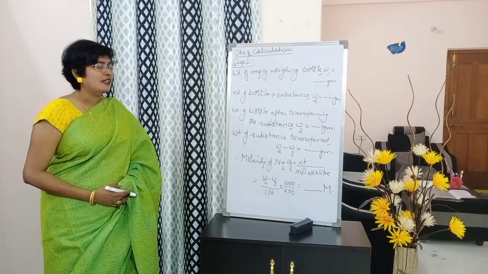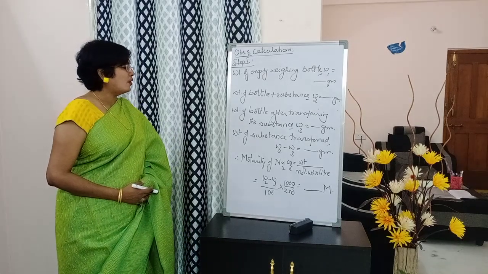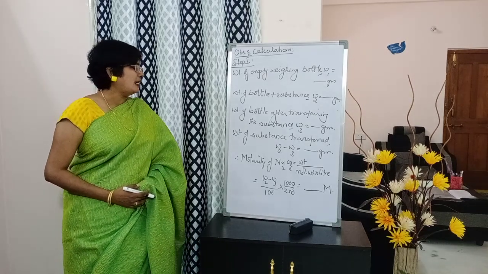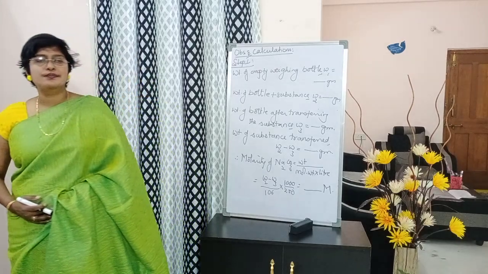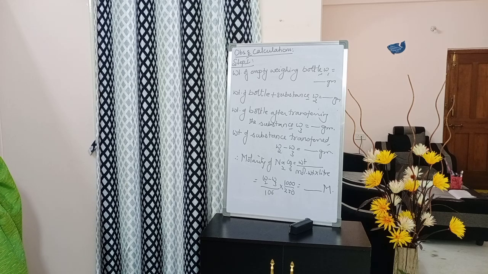So finally, therefore, molarity of Na2CO3 is equal to weight by molecular weight into liter, which is W2 minus W3 by 106. 106 is the molecular weight of sodium carbonate, students, into 1000 by 250.